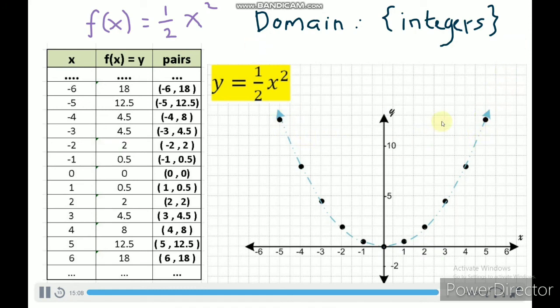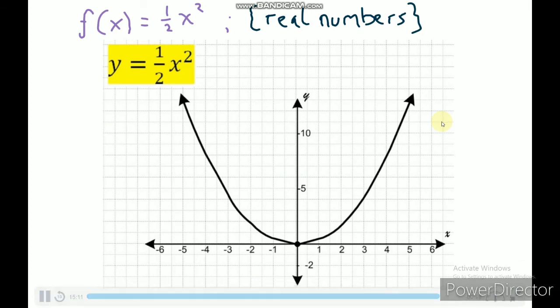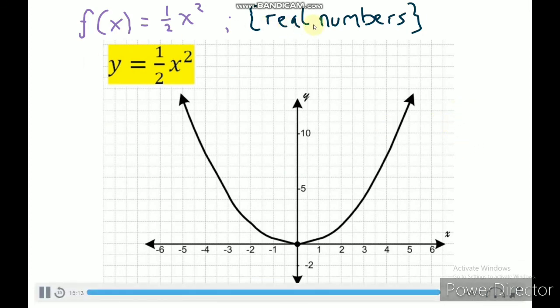And then the last one: if I change the domain for the same function into real numbers, this will be the graph. I connect all of this since all of the x values on this curve are included in your solutions.